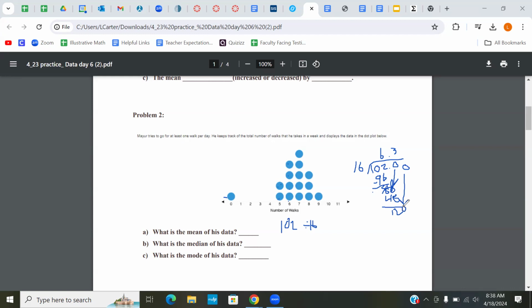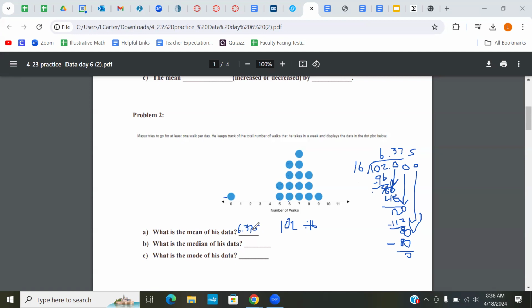All right, so then 16 times 7 is 112. Again, how did I get that? Well, you could guess and check in the margin if you needed to. That's an 8. And then 16 times 5 is 80. Okay, so that's going to be 6.375 is the mean of his data.